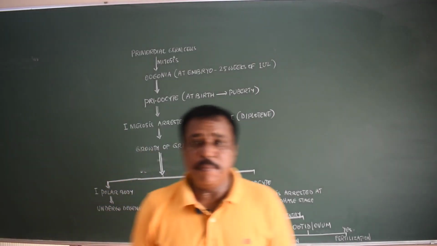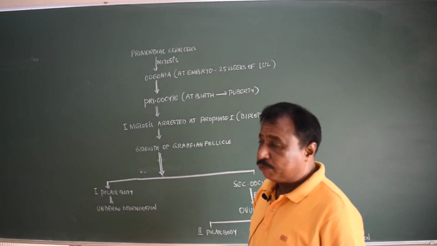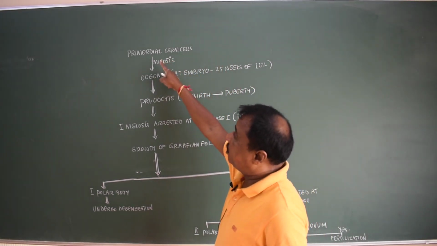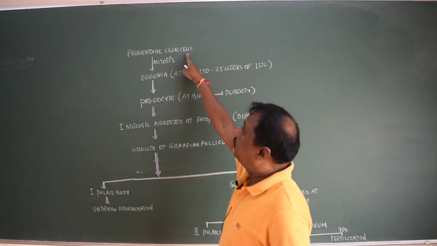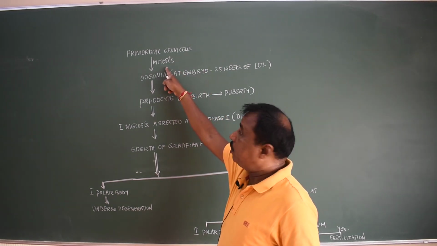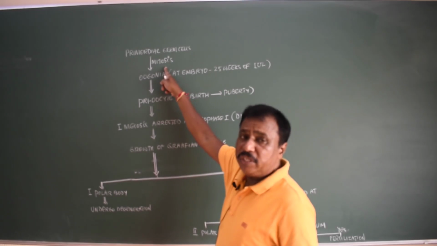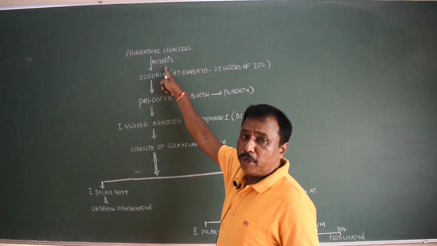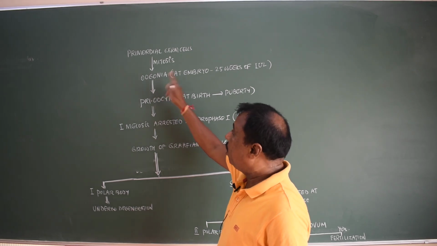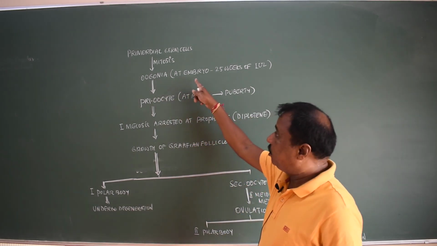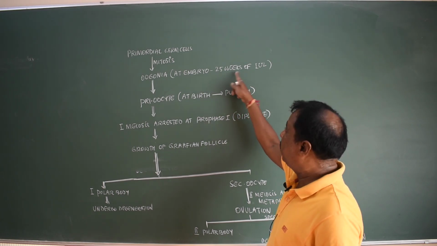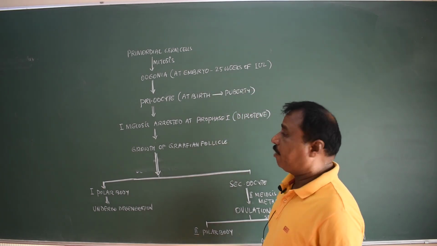The overall schematic representation of oogenesis is here. First thing is primordial germ cells lining the ovary undergo multiplication through ordinary mitotic division, divide and redivide to produce a large number of cells called oogonia, and these oogonia are generally produced at the embryo stage, that is 2 to 5 weeks of intrauterine life.